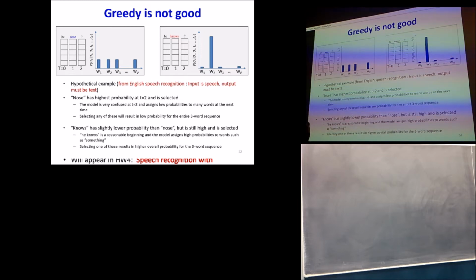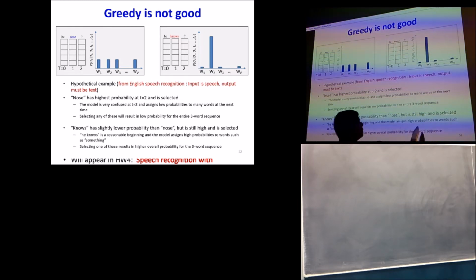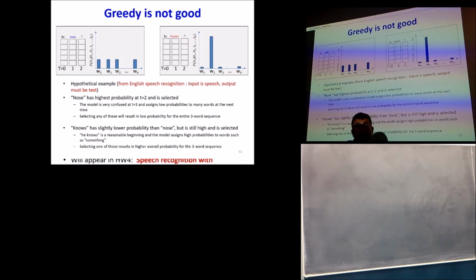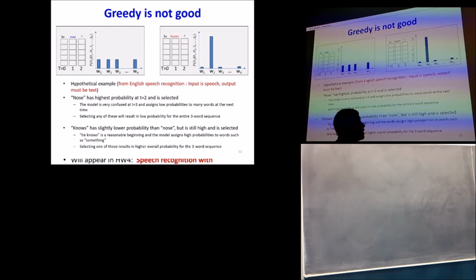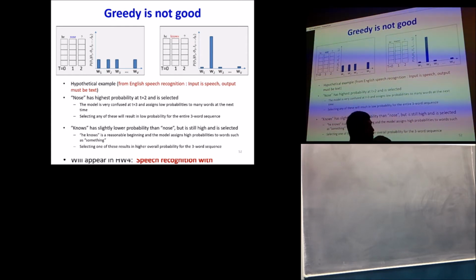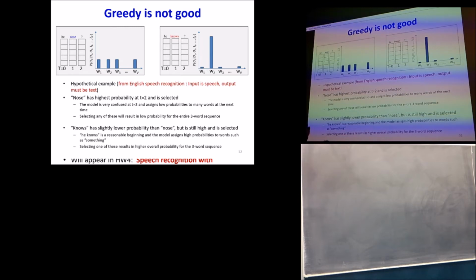Now, if, on the other hand, the second most likely word was the word "knows" with a K-N-O-W-S, if you had chosen the second most likely word, which means that at time t equals 1, you didn't choose the greedy answer, but you chose the second most likely word, then here, "he knows" is actually a perfectly reasonable word sequence, and there is a very nice future to it. And so then you could compute the probability distribution over all the words at the next time, and you might find that the word "something" has very high probability when the first two words are "he knows", but then this is the "knows" with a K-N-O-W-S.